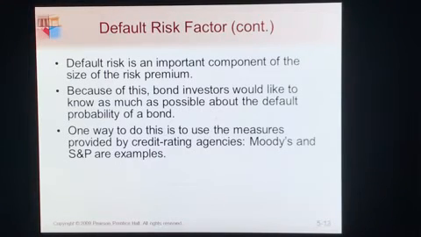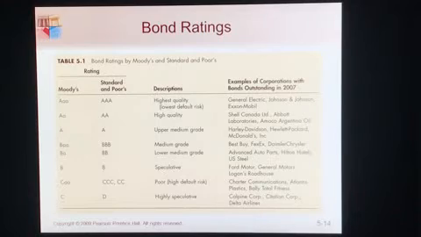The default risk factor is a very important component of the size of the risk premium. Because of this, bond investors would like to know as much as possible about the default probability of a bond. Here is the bond rating according to Moody's and Standard and Poor's. This is the comparison.